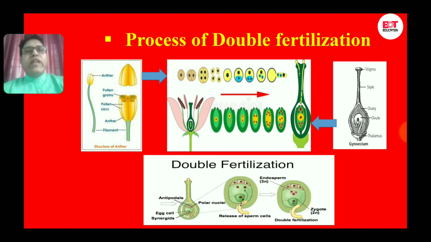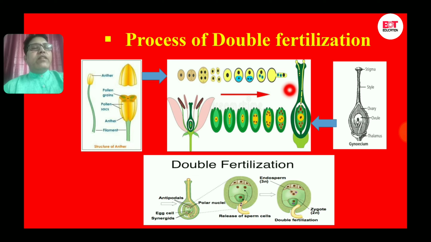As I just told you, this is the male reproductive structure called the androecium, and this is the female reproductive structure called the gynoecium. These are the developmental stages of the pollen grains, that is the microspore, and these are the developmental stages of the megaspore.